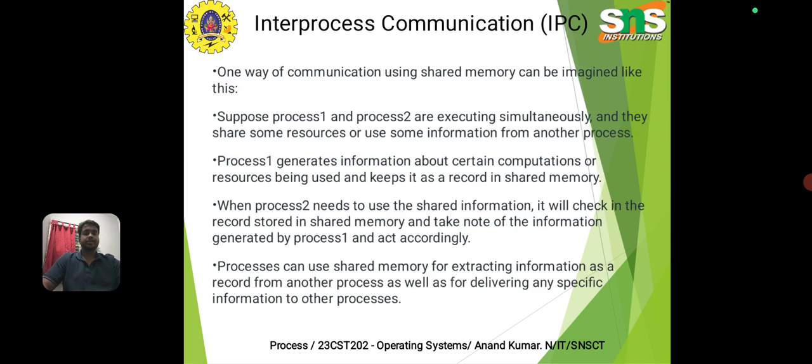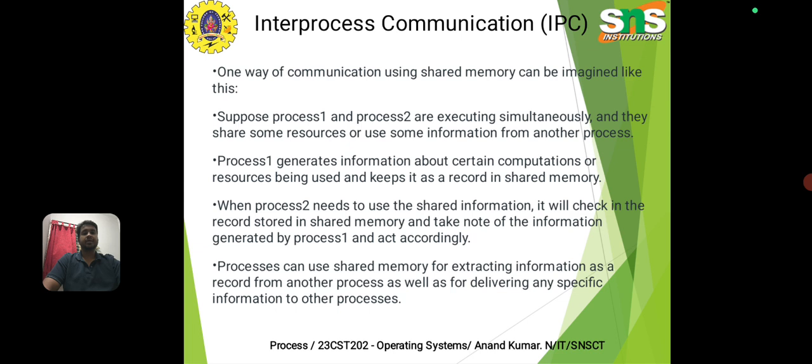One way of communication using shared memory can be imagined like this. Suppose process 1 and process 2 are executing simultaneously and they share some resources or use some information from another process. Process 1 generates information about certain computations or resources being used and keeps it as a record in shared memory.